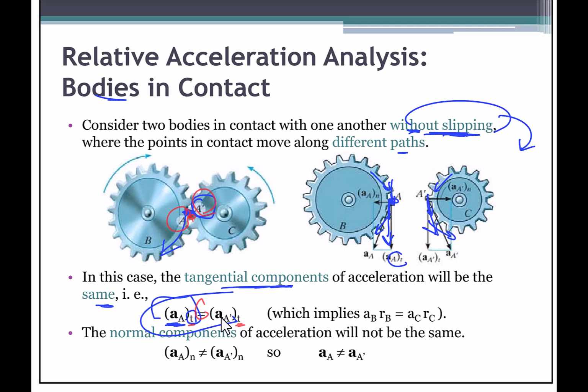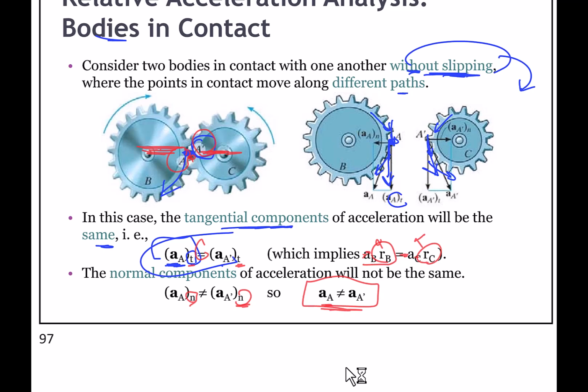Which implies that this is nothing but alpha times RA, RB and RC from here and here. So the normal component of acceleration will not be the same, because this depends on R and that depends on R, and these components will not be the same. Only the tangential where they meet. So the total acceleration will not be the same. Okay, so we know that.